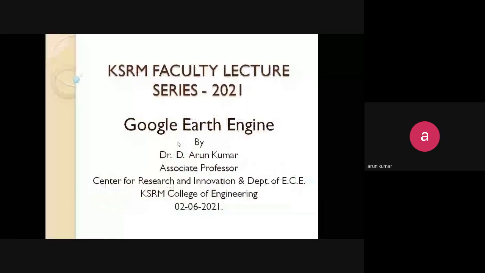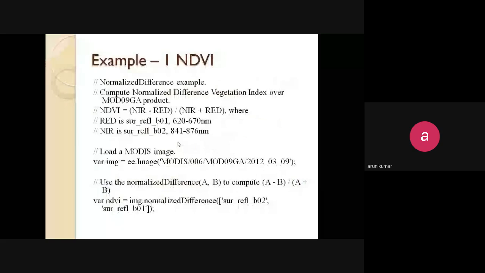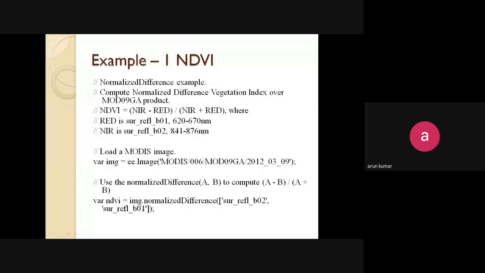First we load the image taken from the MODIS satellite sensor series, then compute the NDVI by using a small function, image.normalizedDifference. No need to worry about the complexity of this programming, because we already have lots of examples. I can just show you the examples. Just see the functions, that's all.